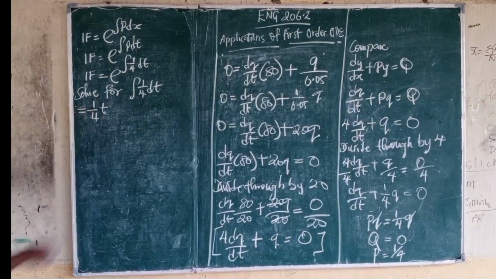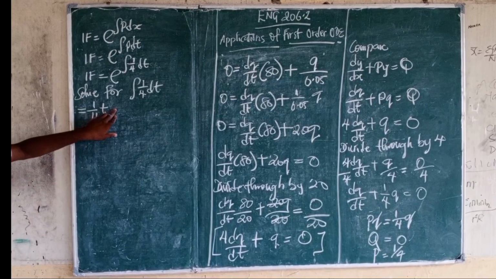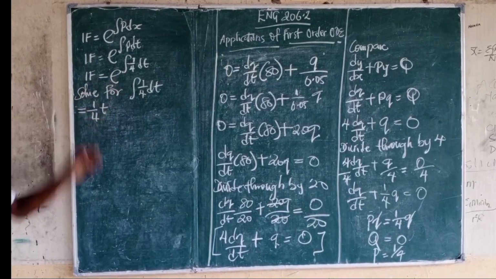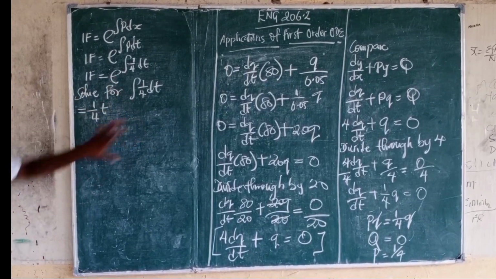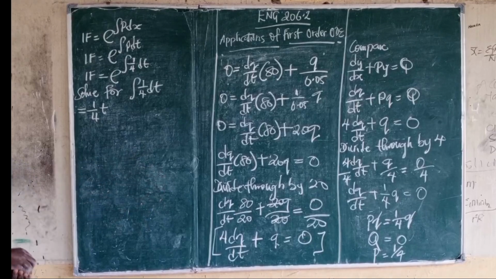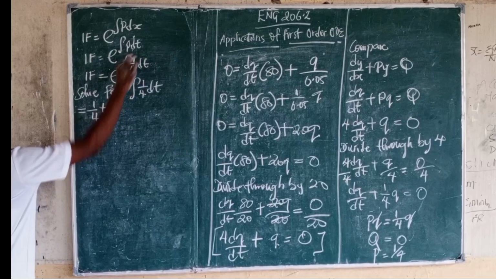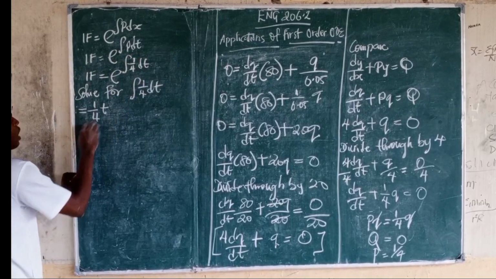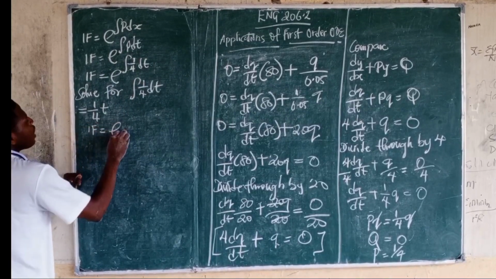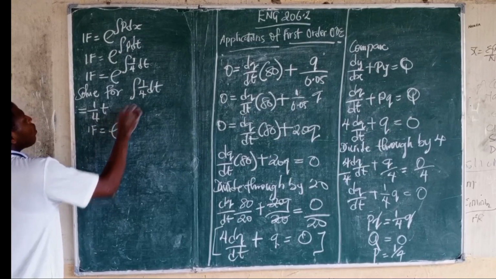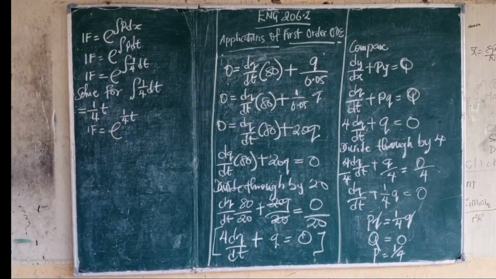This is what you have. I told you we cannot add c here because we are not done with the equation; when we get to the last part of the equation, we are going to add c. Now if we substitute what we solved for into this equation, we have our IF to be exponential 1 over 4 t.